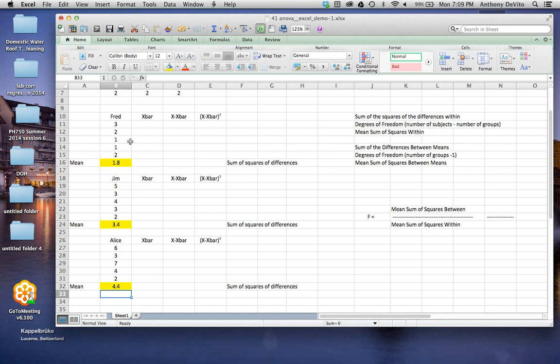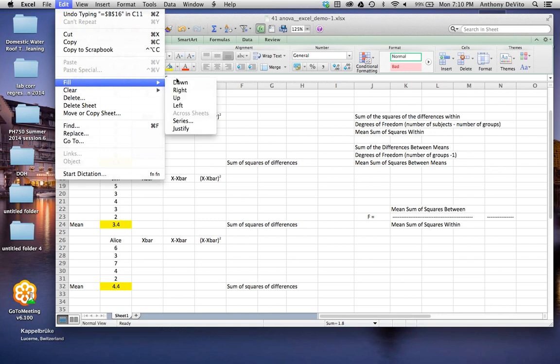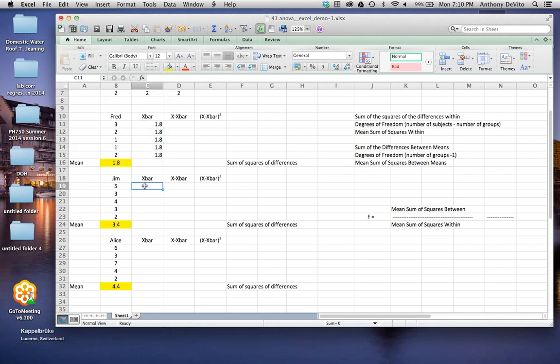But now let's see what we have to do to calculate the variability within the group. First thing I'm going to do is put this mean next to each one of these. So X bar, the mean, is equal to 1.8. To help my calculations, I'm going to put a dollar sign in front of each one of these so I can copy it down without changing its position. Just like that, and I'm going to copy this down. I'm going to do the same thing here.